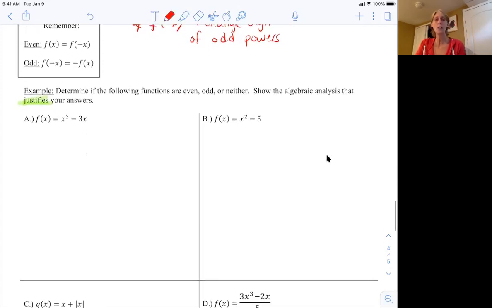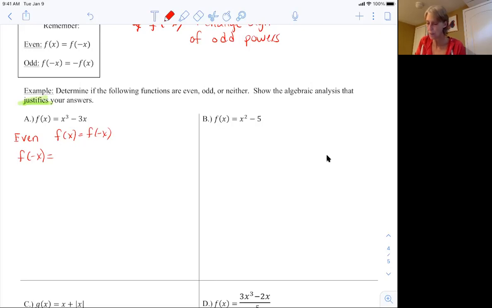So when I'm doing these types of problems, basically what I'm thinking in my head is, if a function is even, that means that f of x equals f of negative x. So the first thing I'm going to do is plug in or evaluate f of negative x, find that function, and see if it matches the original. If it matches the original, it's even.